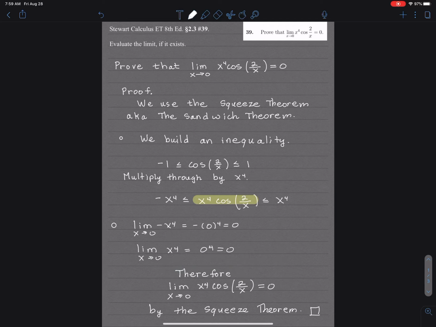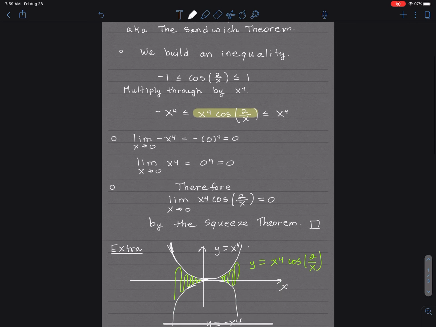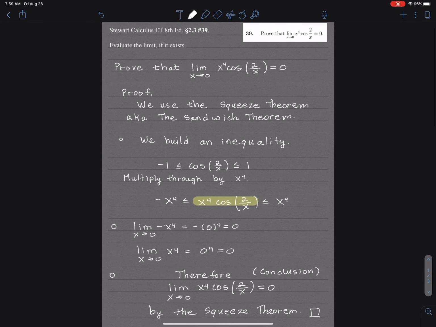It would be better if I wrote it like that. I'll just write here, conclusion. I have the therefore, and up here, this would be our hypothesis.